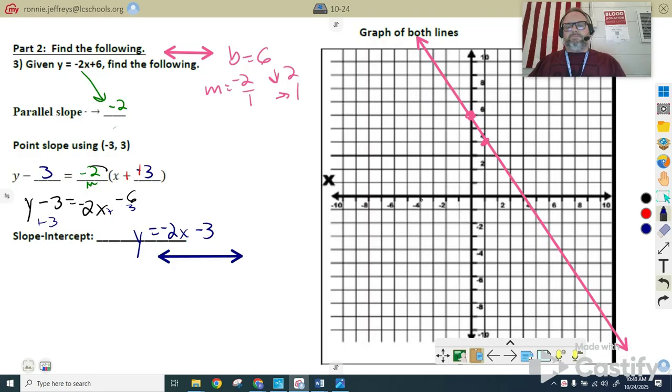All right. So our y-intercept for this one is B is -3. 1, 2, 3. All right. Our M, again, -2 over 1, which means down 2 to the right 1. All right.